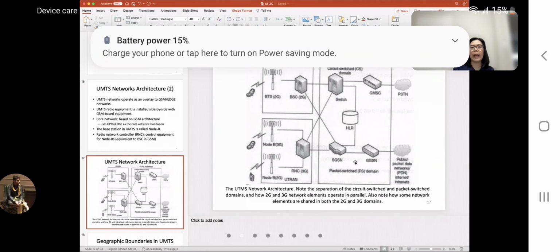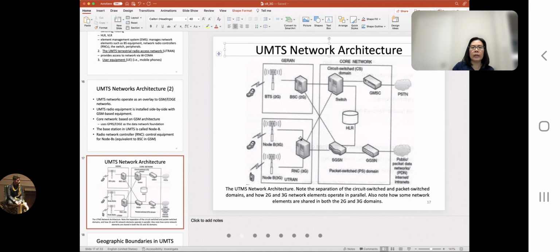Then both components are connected to something called GRAN or UTRAN. This belongs to the GSM network, the 2G. So 2G and 3G now coexist in order to provide continuation for 2G subscribers.